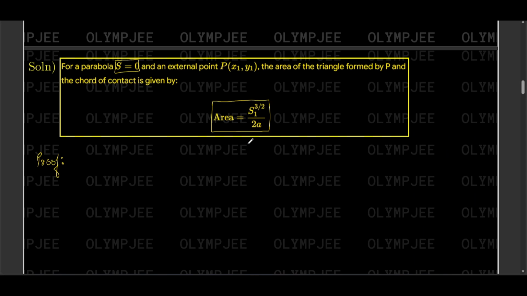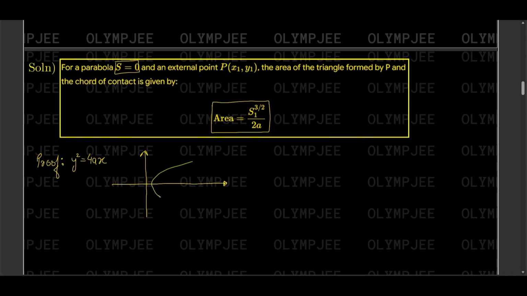I will be proving this formula for a general parabola y square is equal to 4ax, and this will be valid for all parabolas if you shift the coordinate to the vertex. So this will be the parabola, at the origin only.